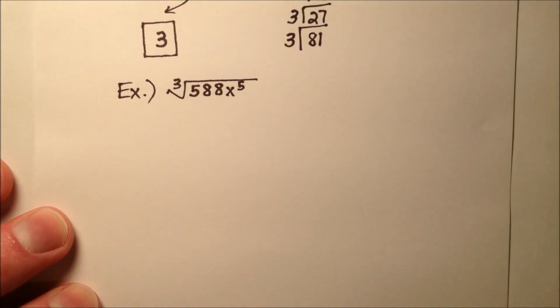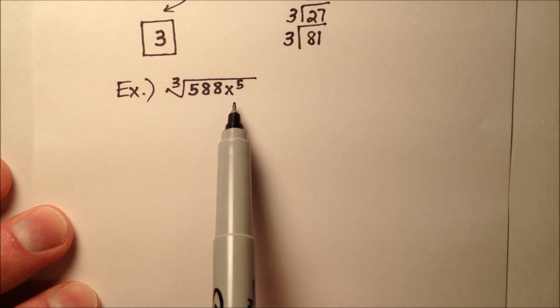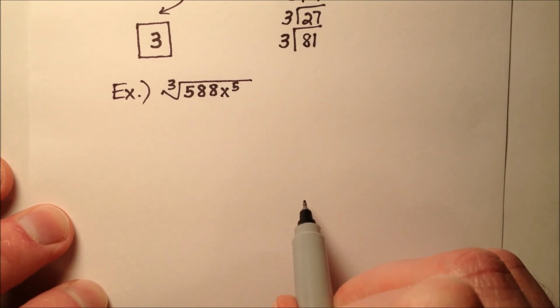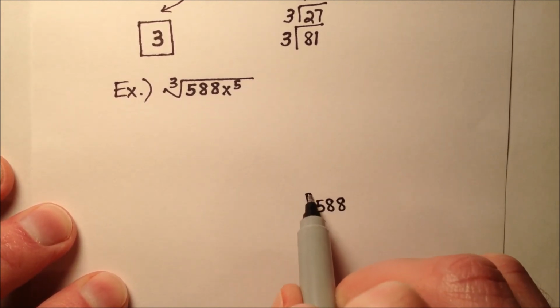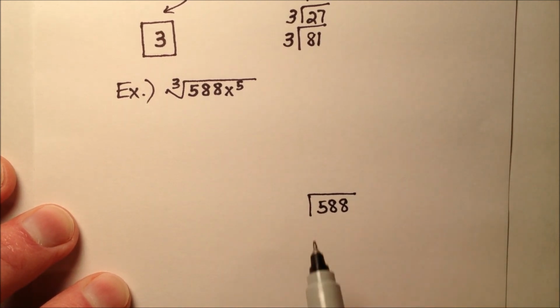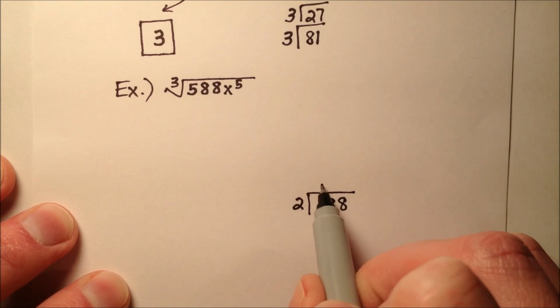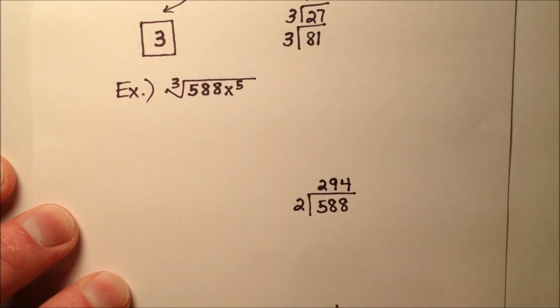Our final example will be the cubed root of 588 x to the 5th. So, like before, we're going to start with 588, and we're going to work at finding the prime factorization of him. Well, I know that 2 will go into him because the last digit is even, and that gives us 294.